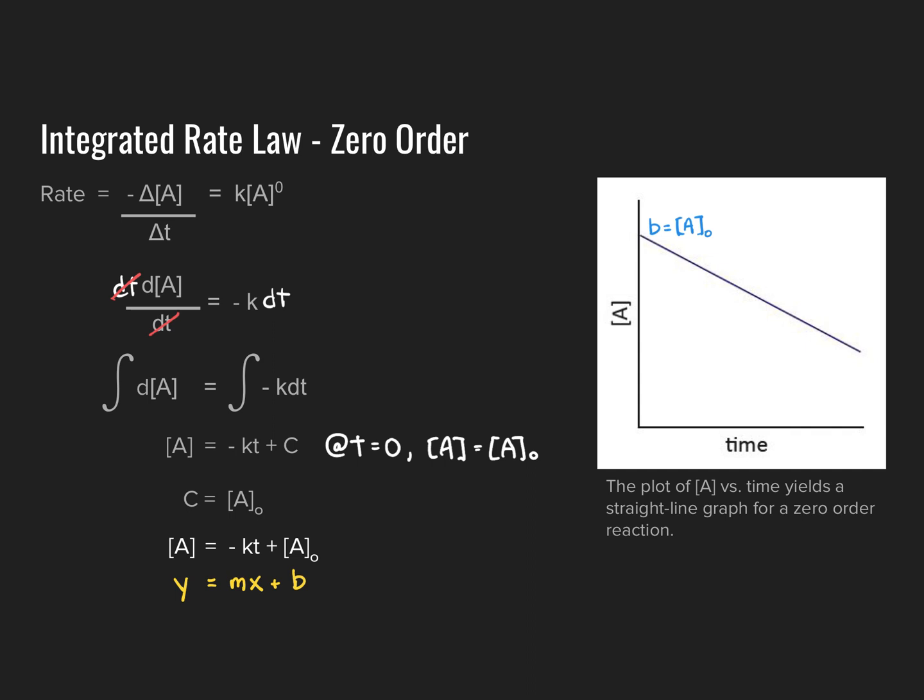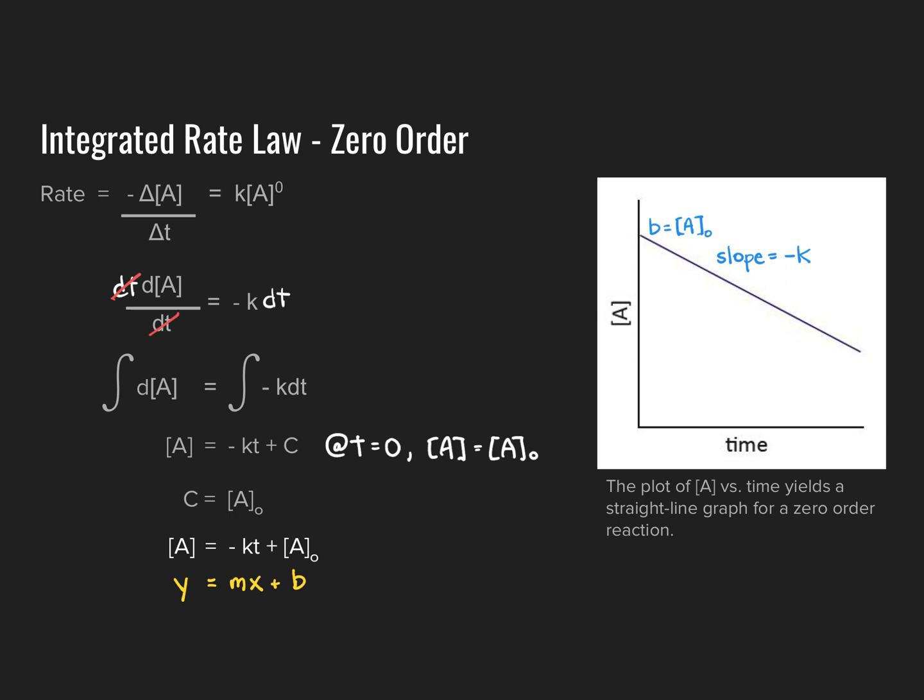In this case, my y variable, the dependent variable, is the concentration of A. The slope of my line would be minus the rate constant k, and the x variable, yet again, is the time t.